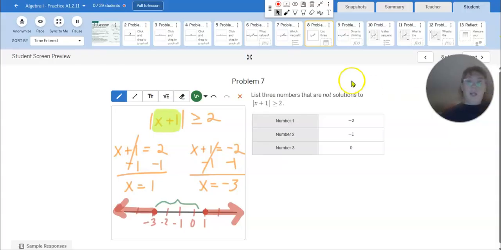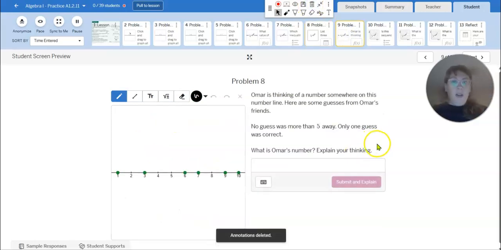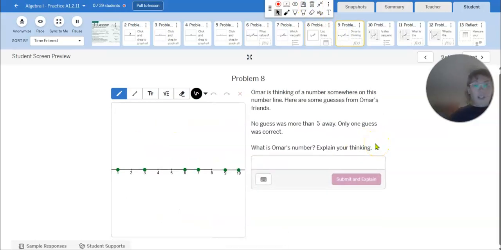Okay, let's look at the next slide when you're ready. Omar is thinking of a number somewhere on this number line. Here are some guesses from Omar's friends. No guess was more than 5 away. Only one guess is correct. What is Omar's number?